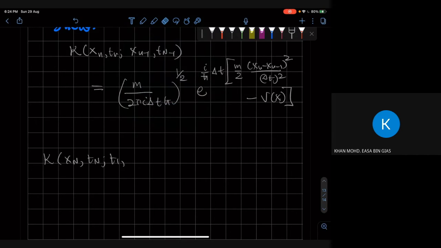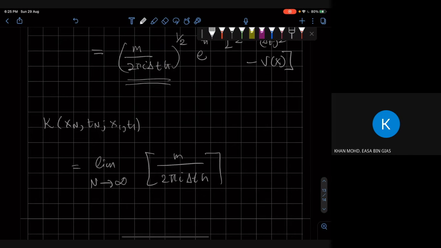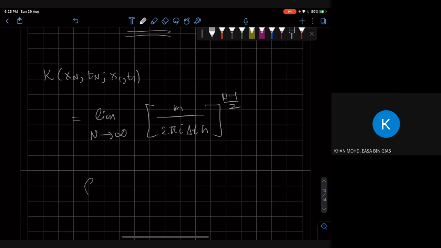Sorry, there should be x1, t1. This is going to be the limit in which n goes to infinity. And we have all these guys. How many of them do we have? We have n minus 1 of these, and then we have dx(n-1) dot dot dot dx2.